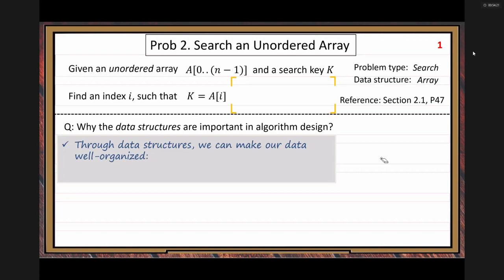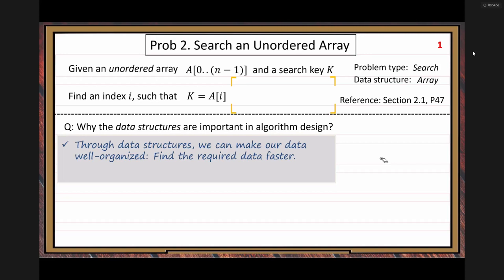Our data was all those squares of different sizes, and we did one thing: organize our data, right? We want to make our data well organized so we can find our data faster. If the data is organized, we can find the required data faster, to save time. So that's the reason.